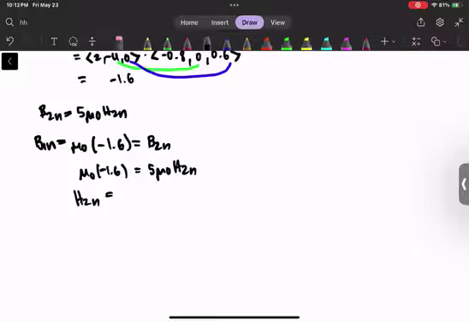Solve algebraically, you get H2n equals -0.32. Okay, so now we found H2n, which is the normal component of our H2 field, which we're trying to find.